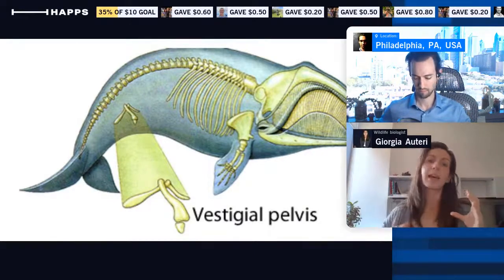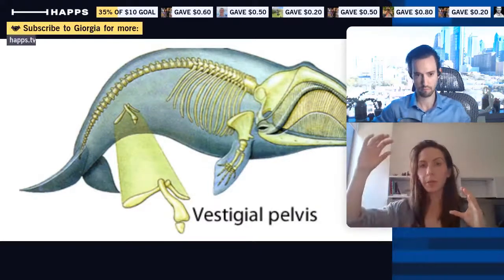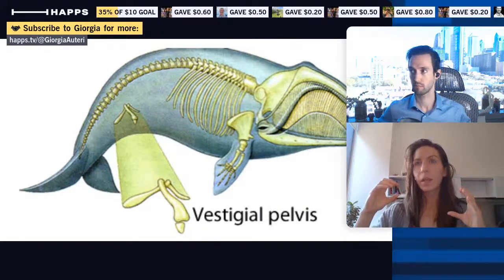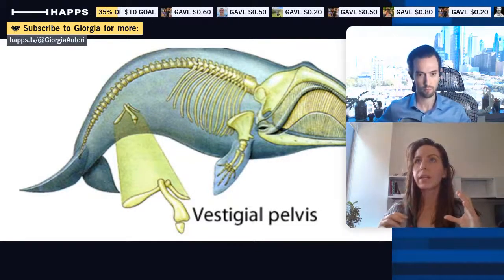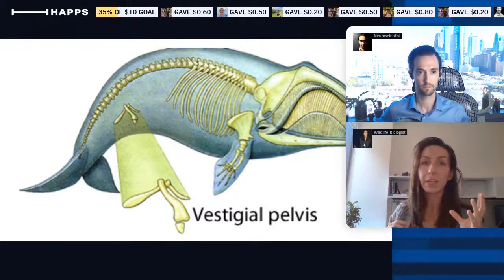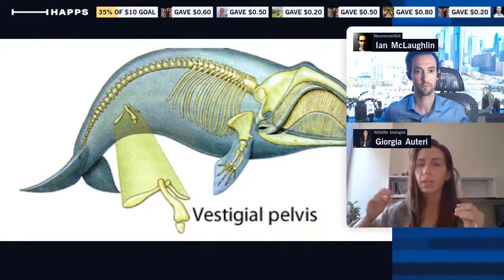Three things can happen at this point. Either the trait can be repurposed, it can disappear with time, or it can continue to exist and be there but useless. Those are the three options for vestigial traits.